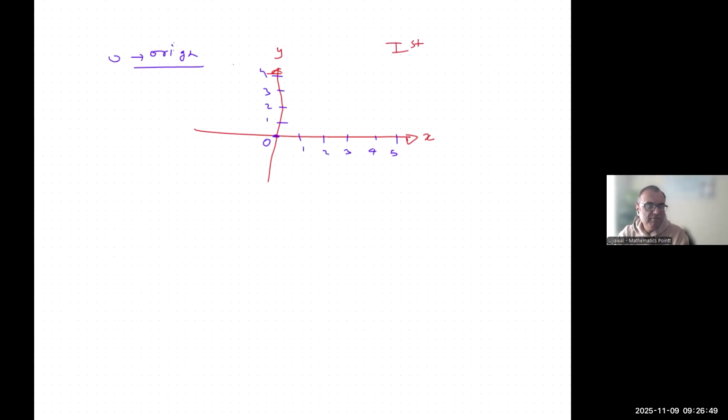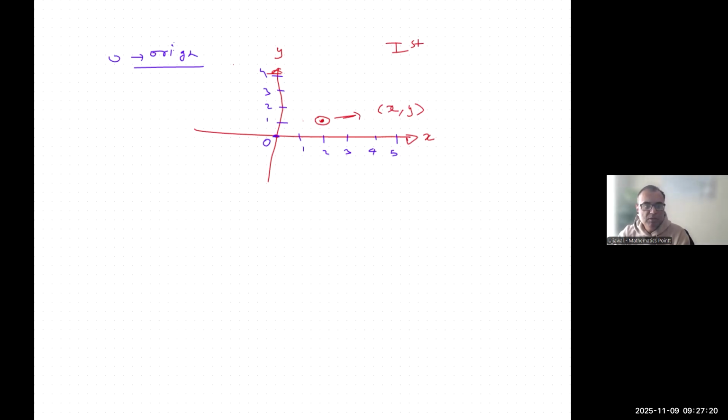So for example, if I put a point here, this is represented by a set of coordinates x, comma y. That tells me the position of this point in the first quadrant.